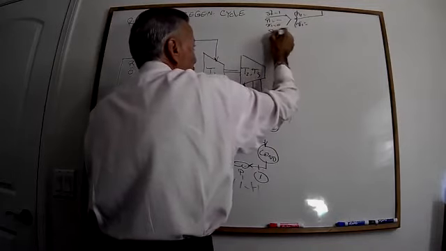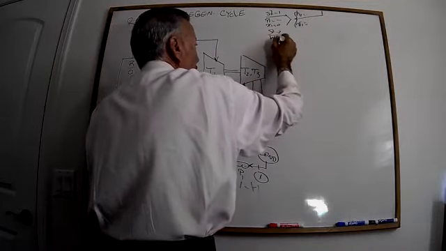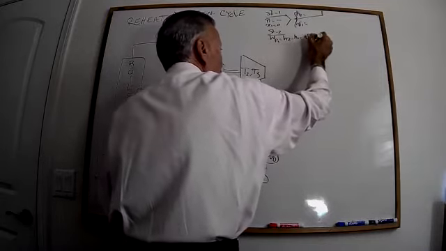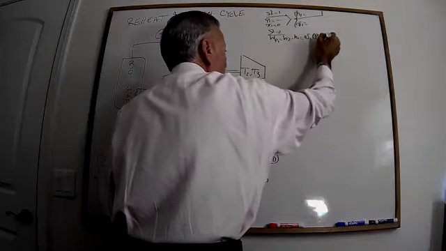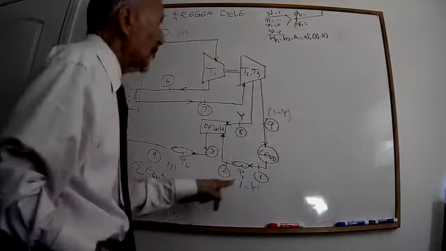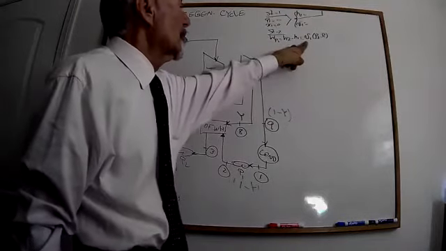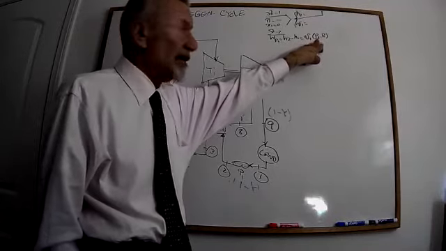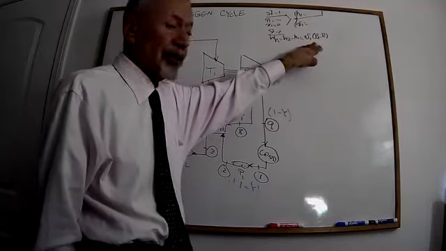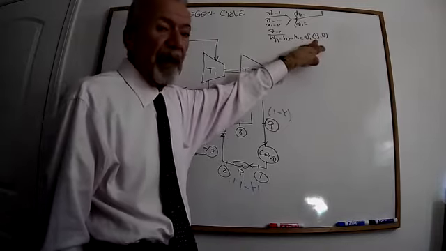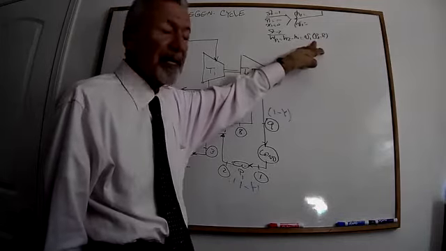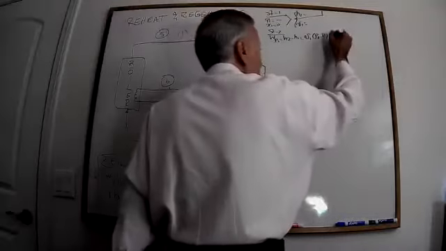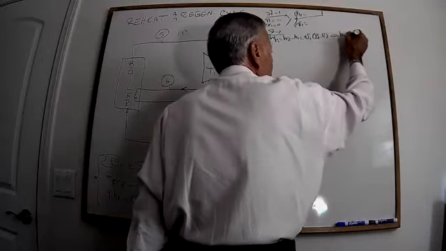At state 2, we have a work-consuming pump 1, where H2 minus H1 is equal to V1 times P2 minus P1. Please be careful to have the value of P2 converted to kilopascals, so these things will match. If you put in 10 megapascals or 2 megapascals, whatever it is, then you will have a major problem with it. So that's how you find the value of H2.